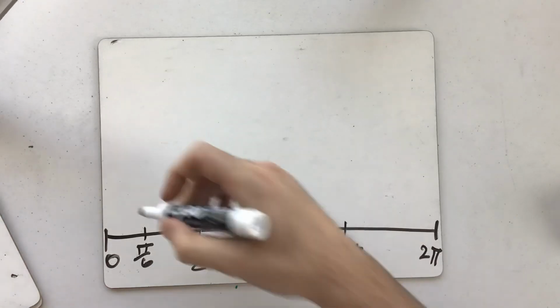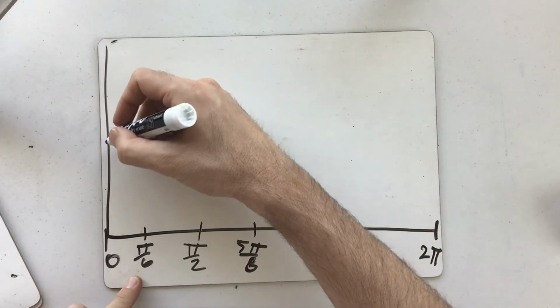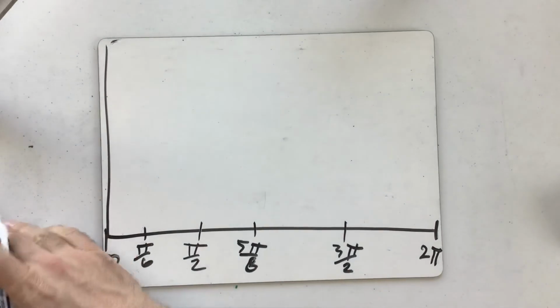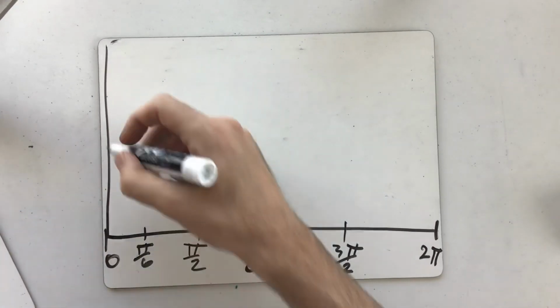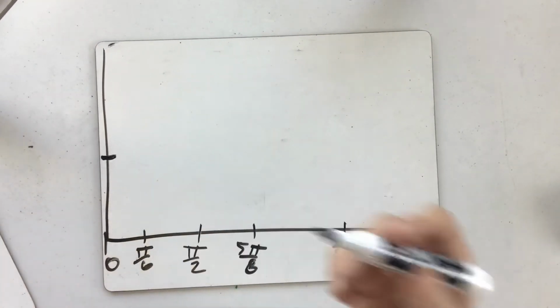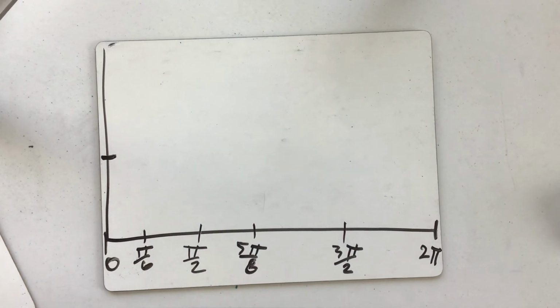And then our value started, it started at x equals 2, I believe. Yeah, so it started at x equals 2 right here. Okay. So let's do these.